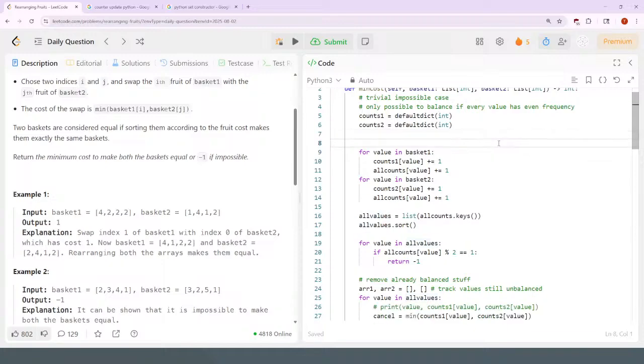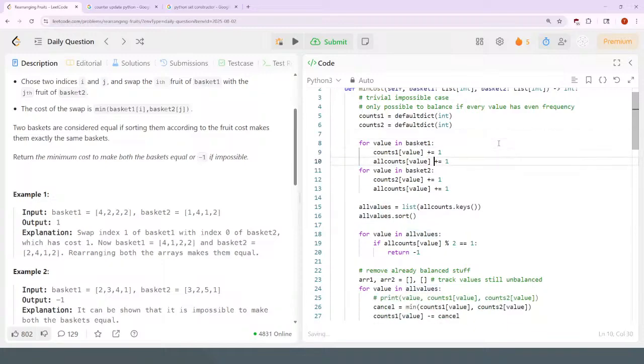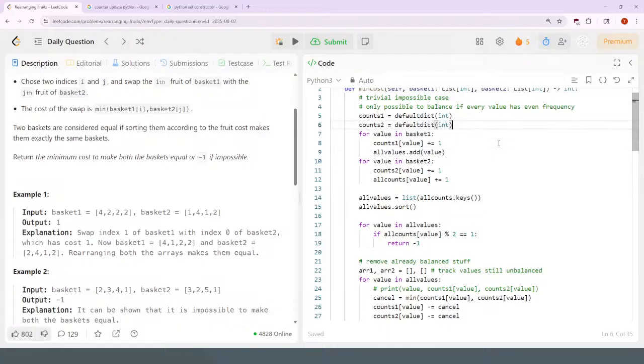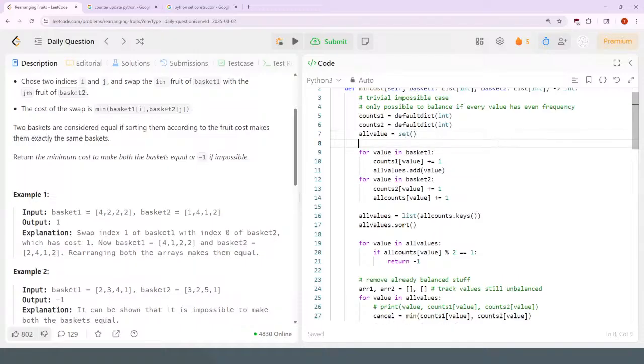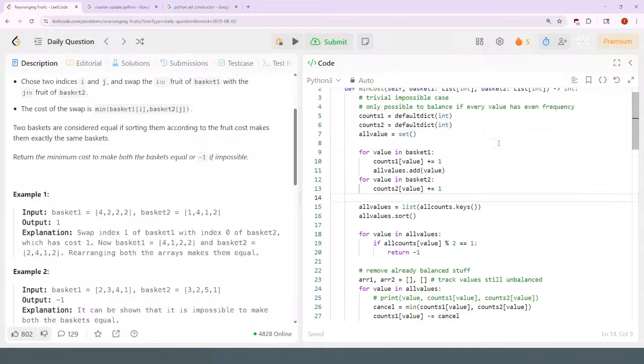Maybe I just say here, all values dot add this value. And then all values add this value here.